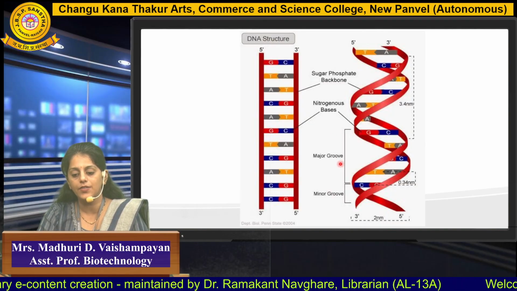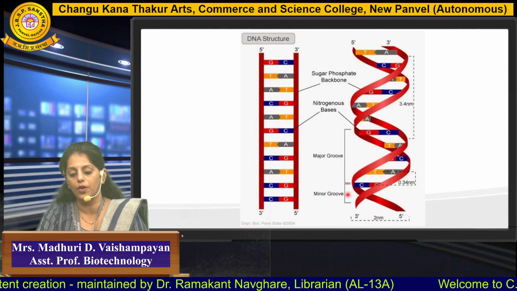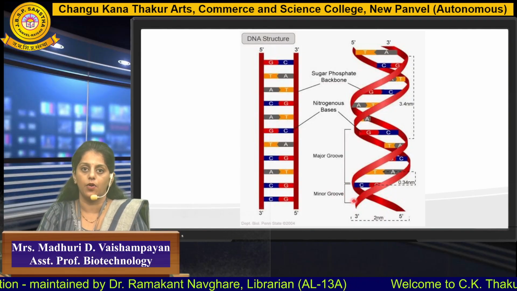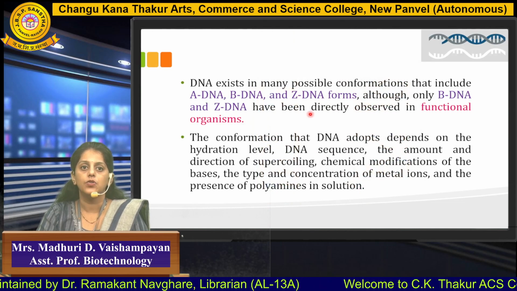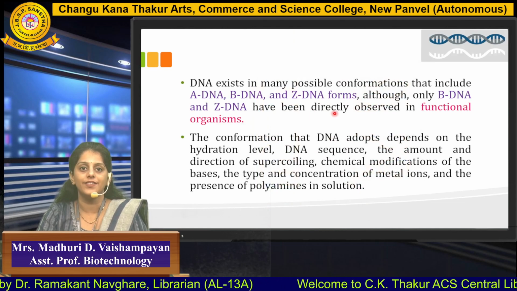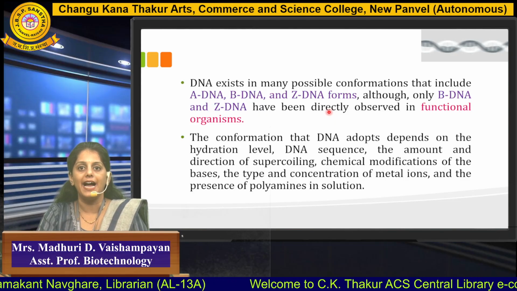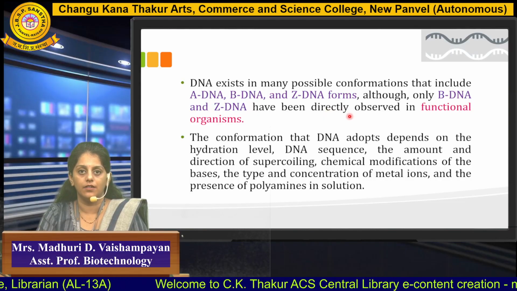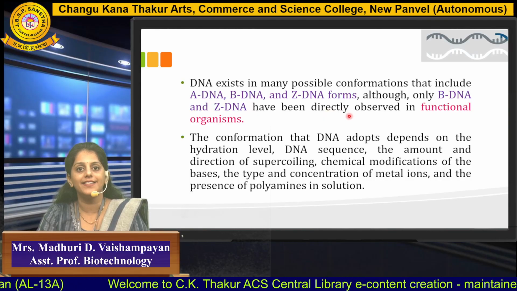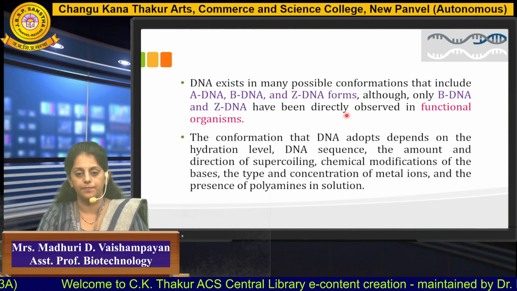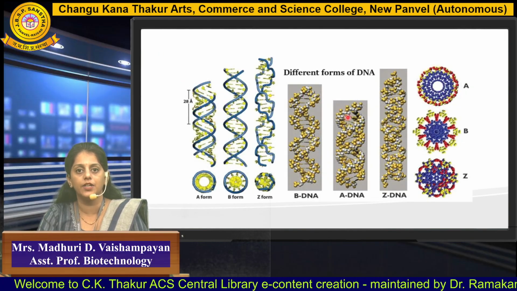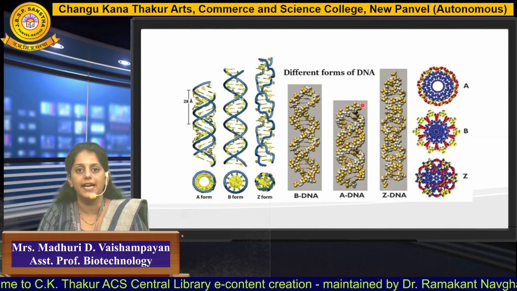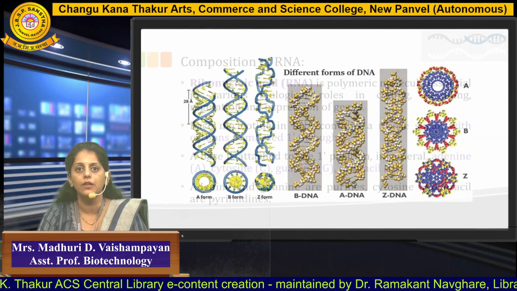This is known as your major groove and this is known as your minor groove of the DNA strand. So, this DNA may exist in A form, B form and Z form, but commonly in living organisms, B and Z forms are functional. This is the structural variation between the A, B and Z forms of the DNA molecule.